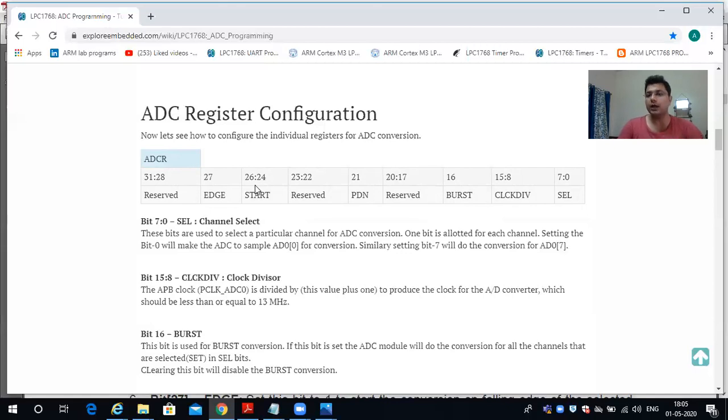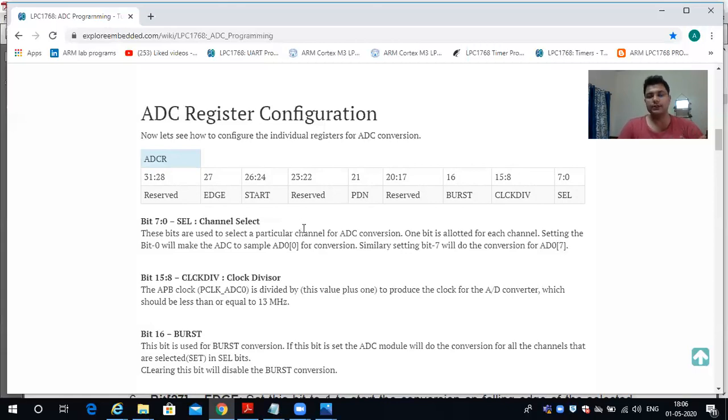But if we are using the burst mode, the value over 24 to 26 should be 000, because in that situation the ADC module internally will manage when to start and when to stop, as there are several input signals which it has to convert.